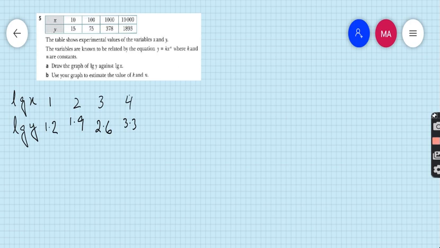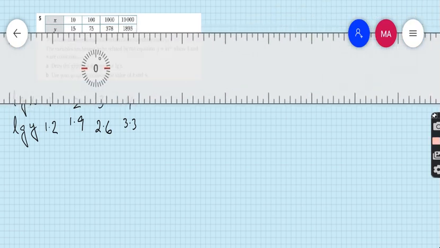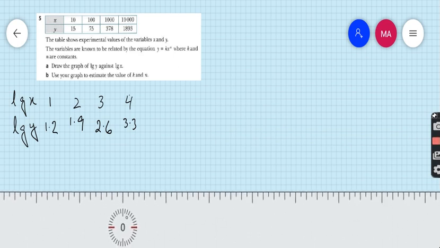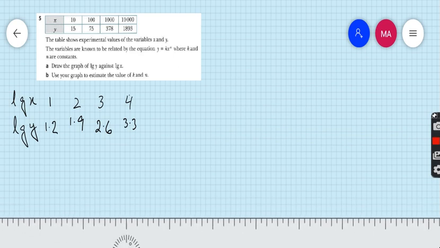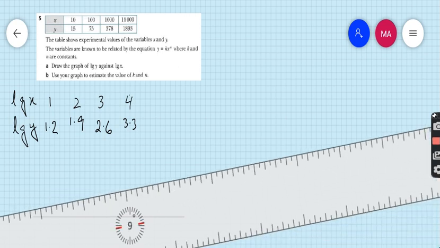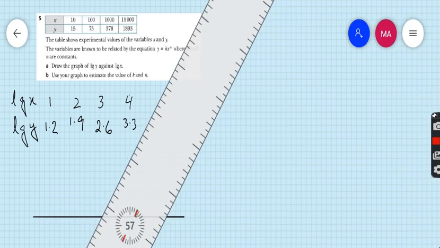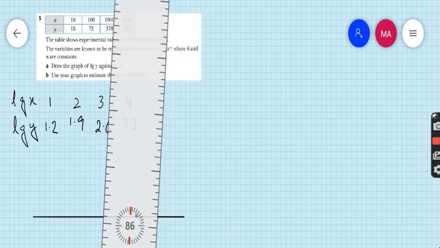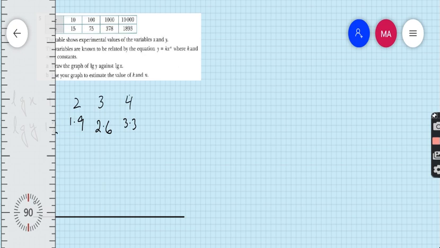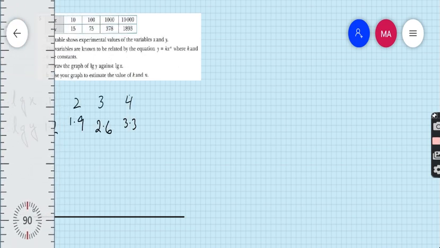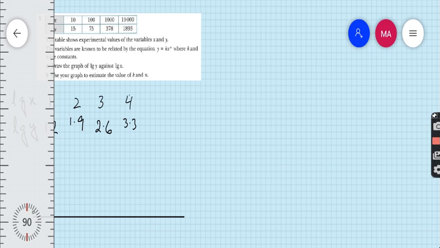Now draw the x and y axes. This is your horizontal axis, and this is your vertical axis.